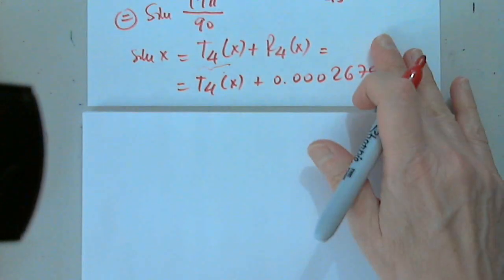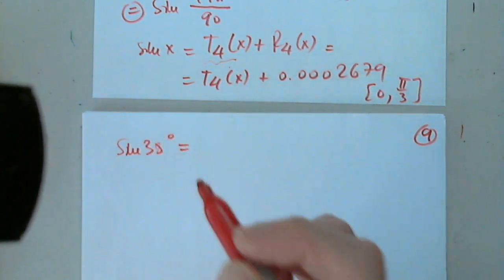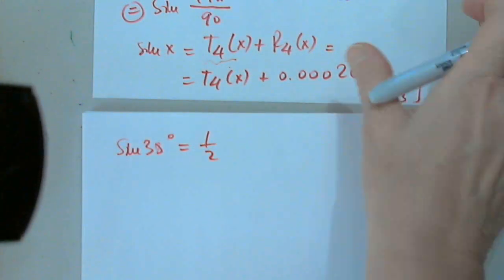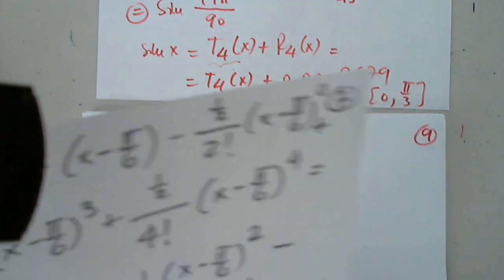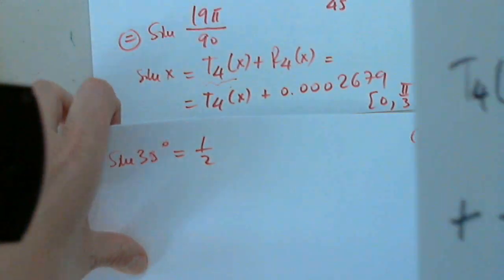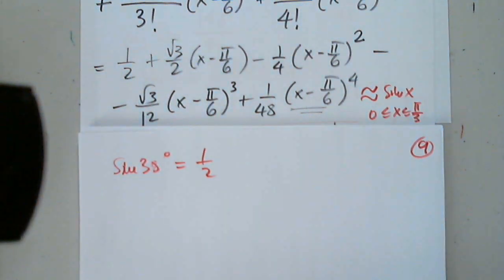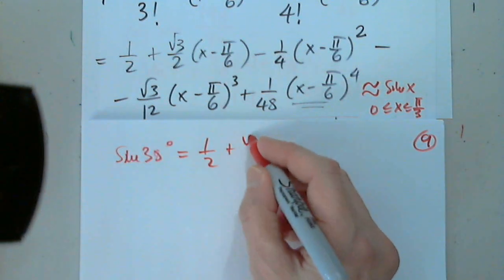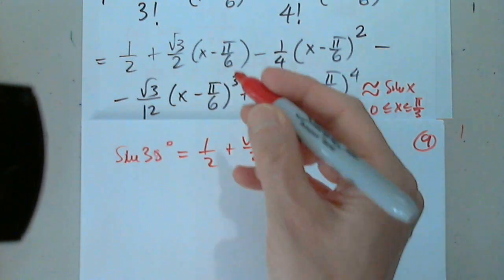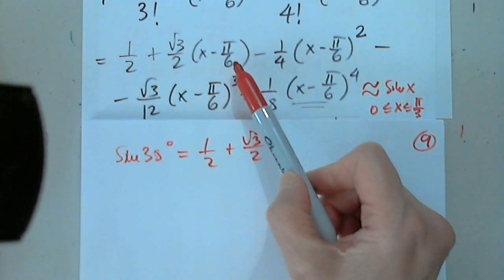Okay, so then sine of 38 degrees will be 1/2 plus the square root of 3 over 2 times x minus pi over 6.